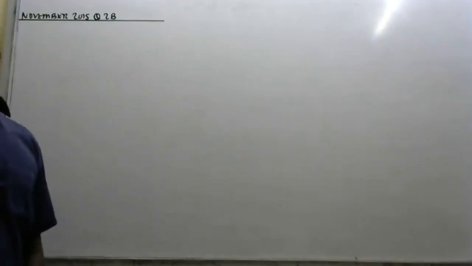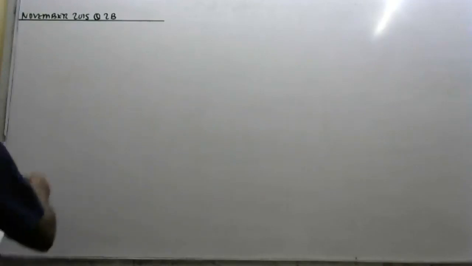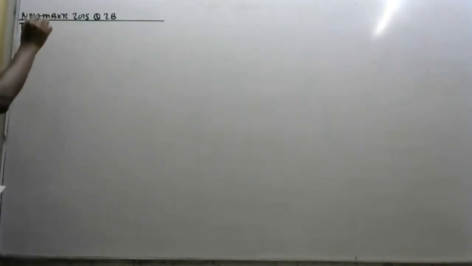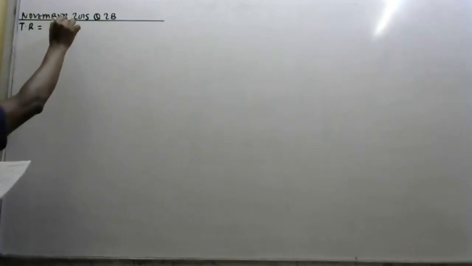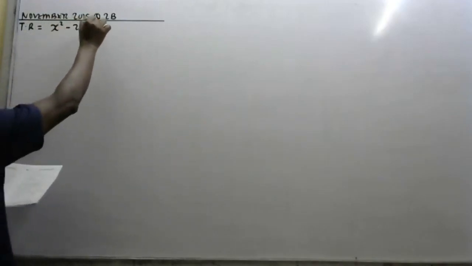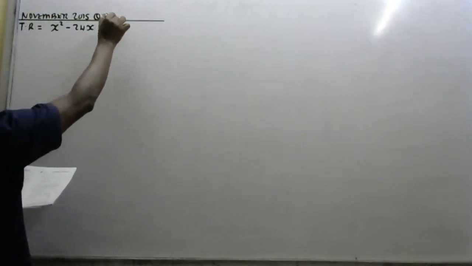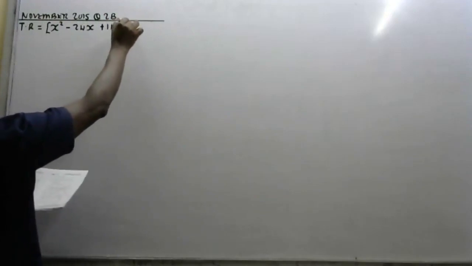Because now we have been practicing, we can just go straight. Let us say total revenue. We have been given the price function there. It is x squared minus 24x plus 117. So this one, you multiply by x.